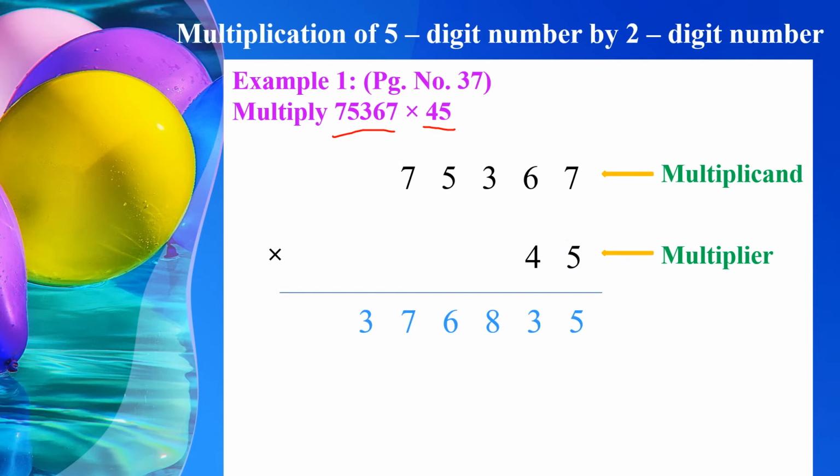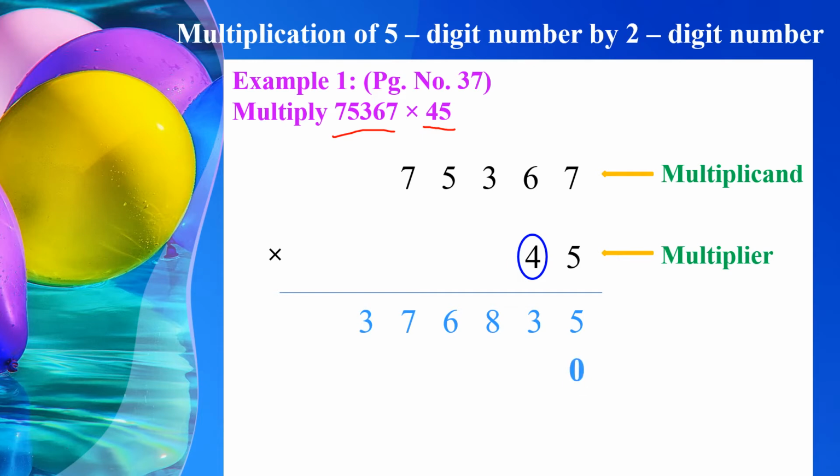Next, we need to take the next digit in the multiplier. In our example, we have 4. So we need to multiply 4 with all the digits in the multiplicand. Before multiplying, we need to add a 0 in the answer.